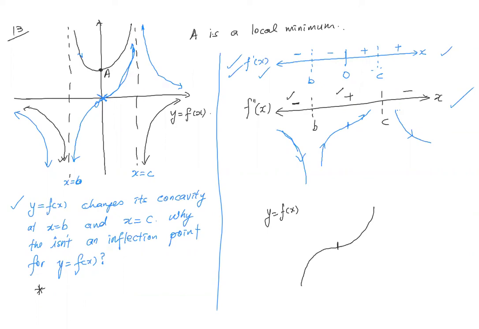So this is the inflection point, correct? Because here it changes from concave down to concave up. So there should be an inflection point, correct? But in this case, why not? There is a way to answer. So try, look at the graph.